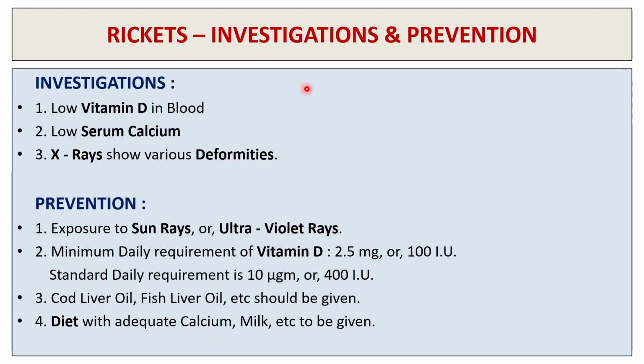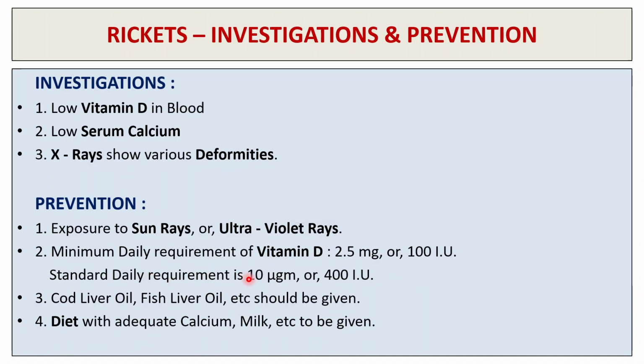Now what is the investigation prevention? If you do blood tests, there will be low vitamin D in the blood, low serum calcium. X-rays show various deformities. How to prevent? Exposure to sun rays is very important. Ultraviolet rays is very important, and minimum daily requirement of vitamin D is 2.5 milligram or 100 international unit.